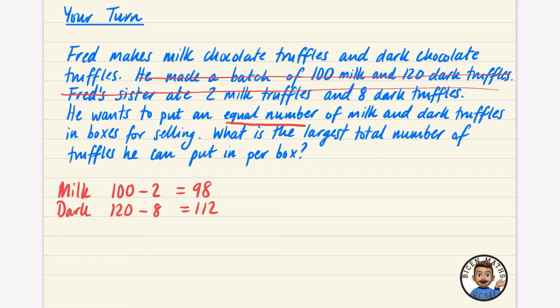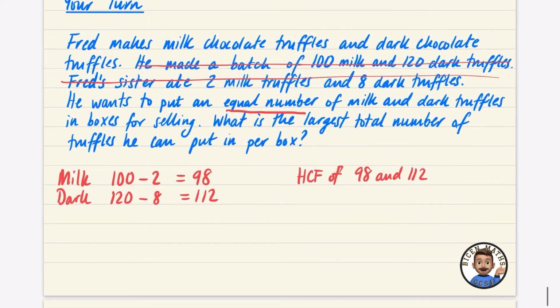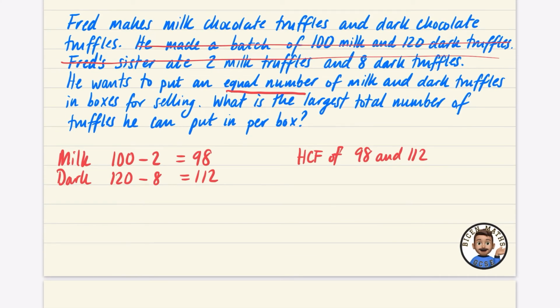So let's have a look at the highest common factor of 98 and 112. Now I'm going to try this one using my table method. So I have 98 and 112, they can be divided by 2. Half of 98 is 49, and half of 112 is 56.